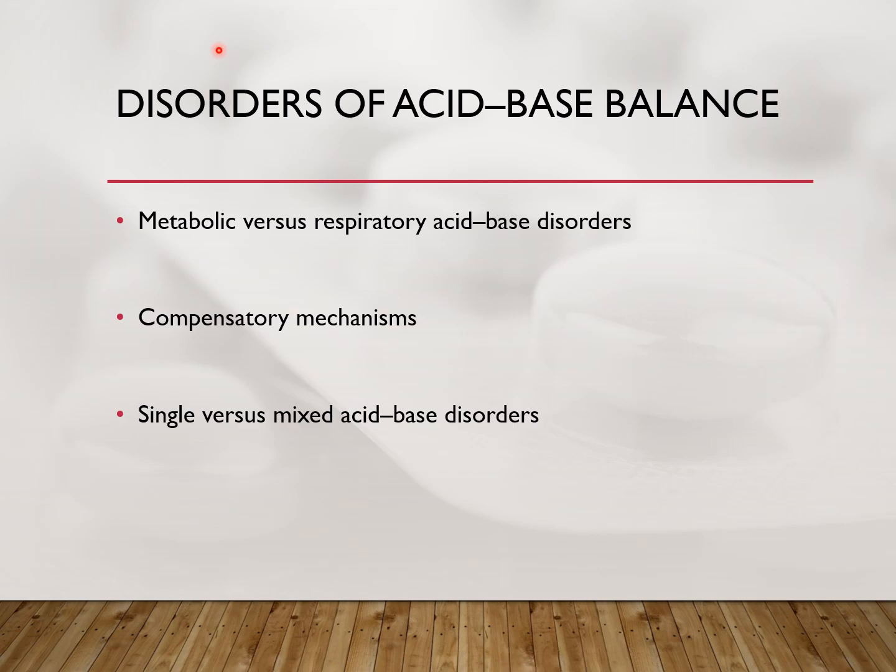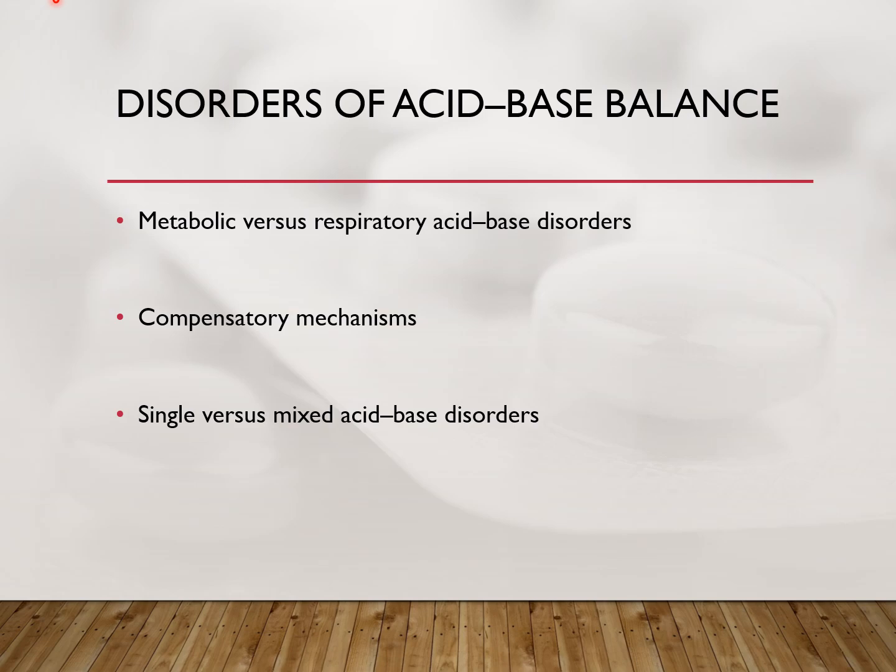So the four different types of acid-base disorders are metabolic acidosis, metabolic alkalosis, respiratory acidosis, and respiratory alkalosis. Again, it depends on whether we have excess CO2 or excess bicarbonate and what the underlying pH is. We'll go through some of that in class with some examples to make that a little bit more clear. Okay.